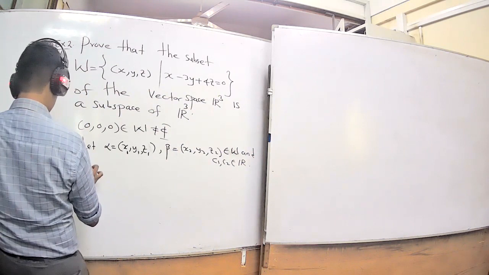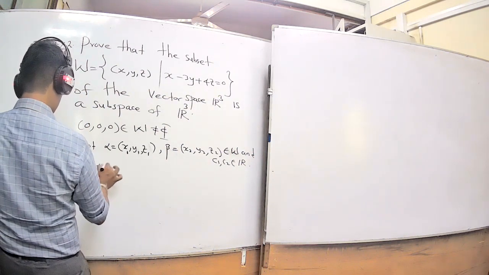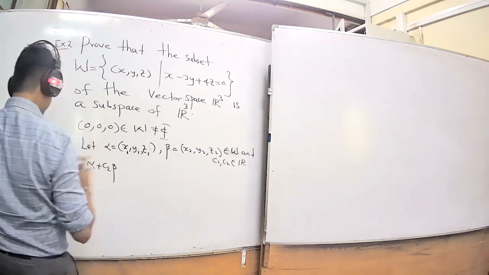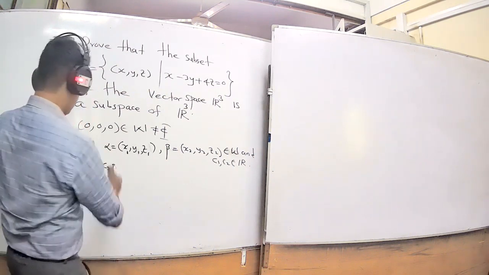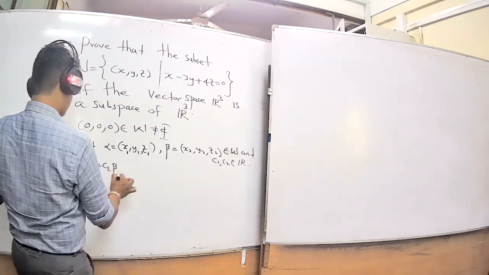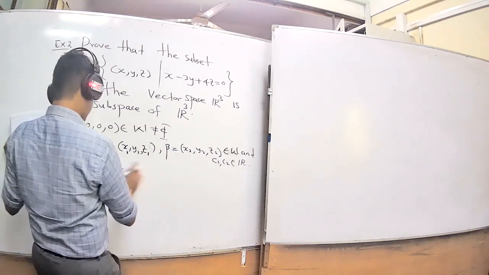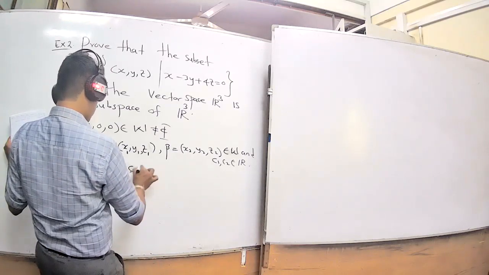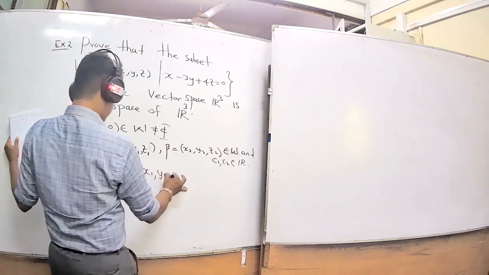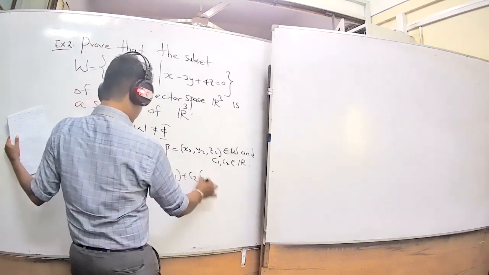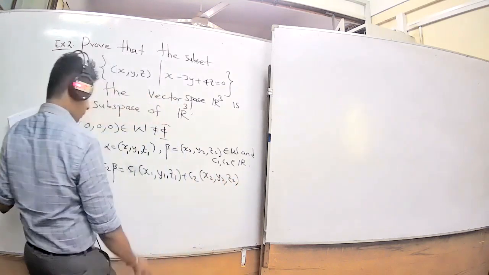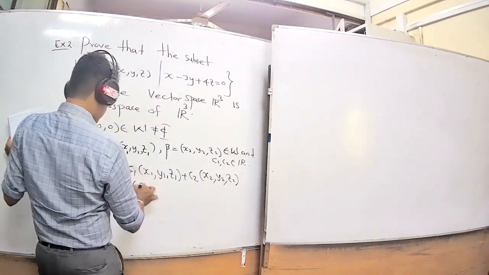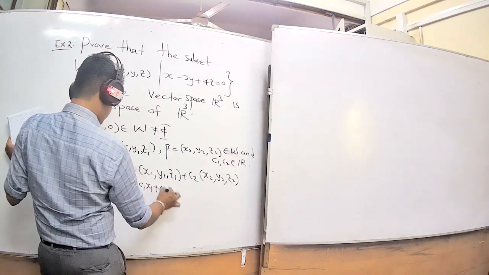Now c1 alpha plus c2 beta. Now your claim is you want to show that this one belongs to W. So your c1 alpha is c1 into x1, y1, z1, and c2 into x2, y2, z2. So you can write c1 x1 plus c2 x2.